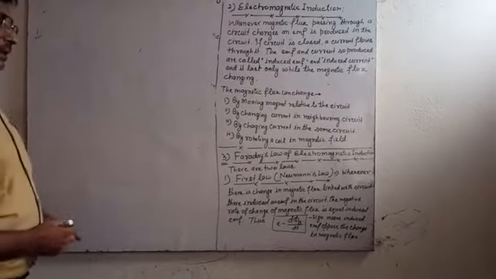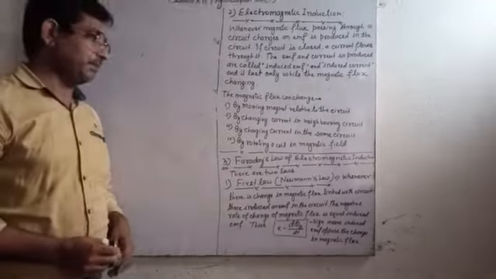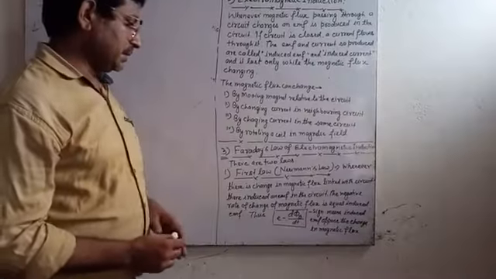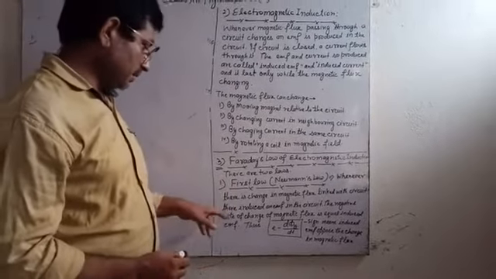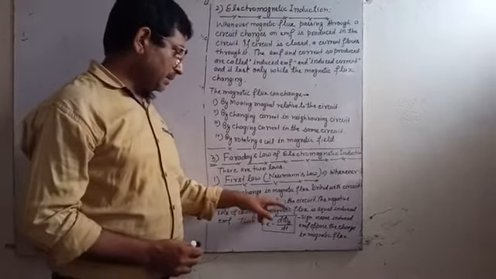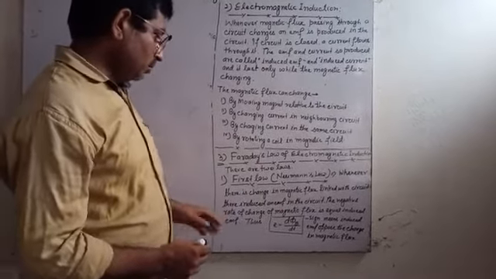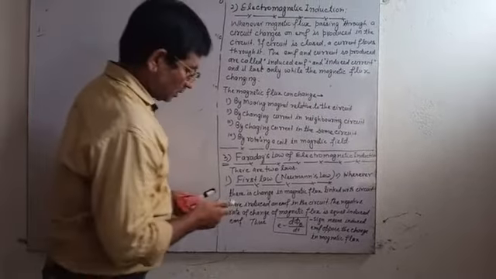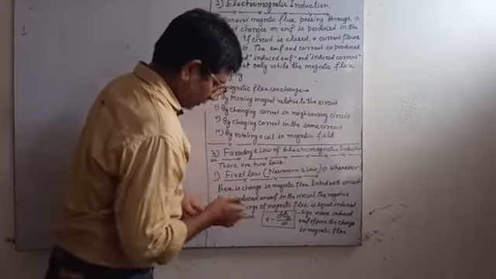First law, also called Neumann's law: whenever there is a change in magnetic flux linked with a circuit, an induced EMF is set up, or produced, in the circuit.